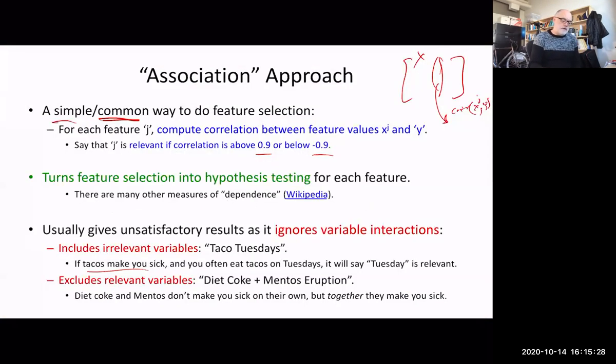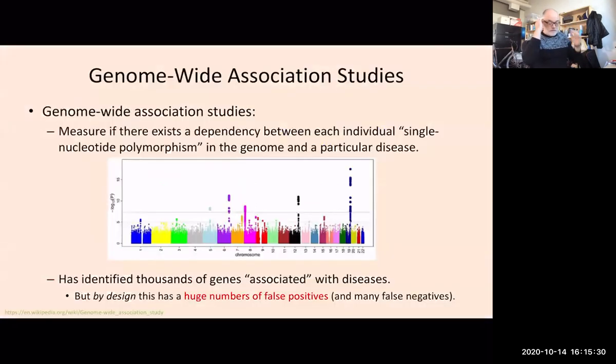This association approach is actually quite common in the physical sciences. In particular, there are these genome-wide association studies, and they can be used to measure whether there exists a dependency between an individual genetic mutation, a single nucleotide polymorphism in the gene, and a particular disease.